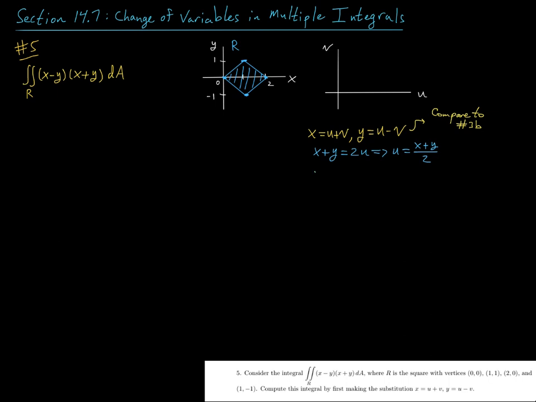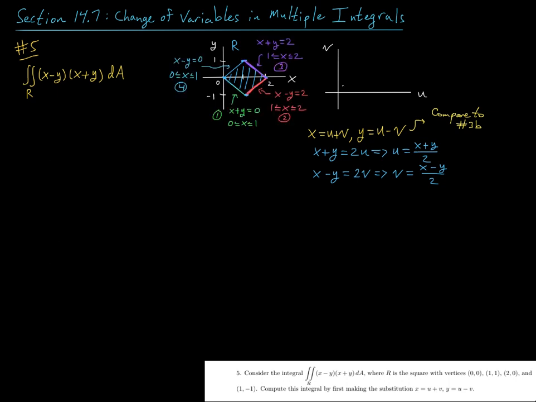Now if I subtract, I'll get the u's to cancel, and v minus a negative v is 2v. So that implies that v is (x minus y) over 2.